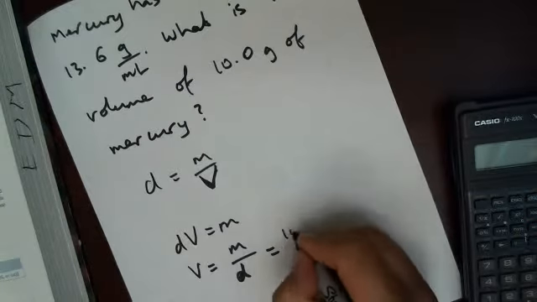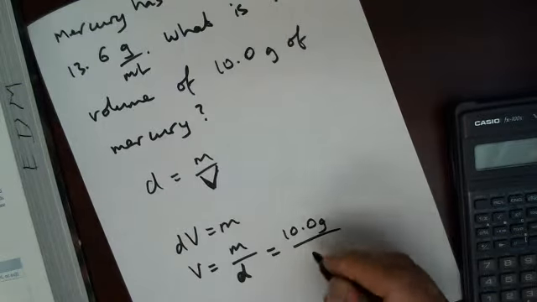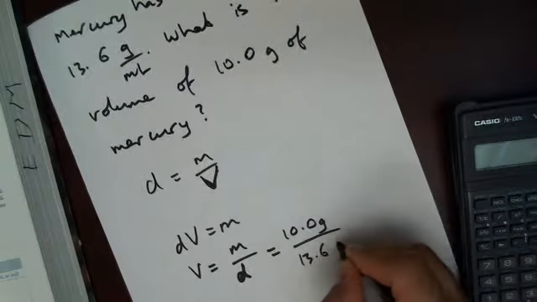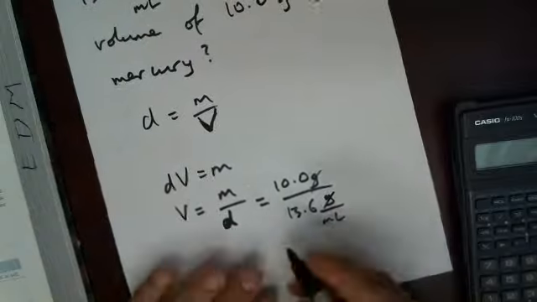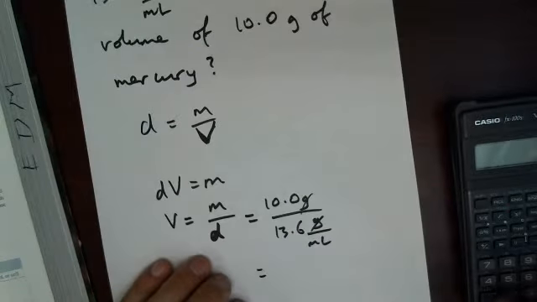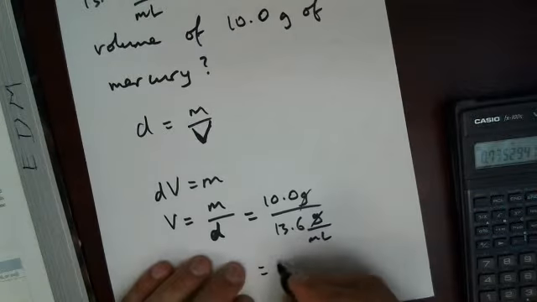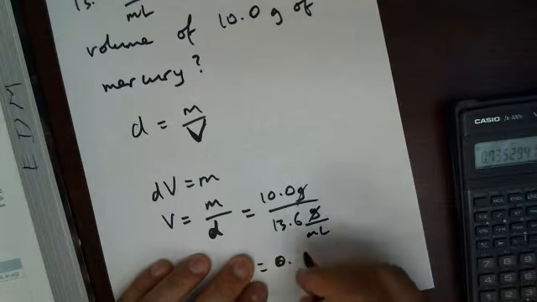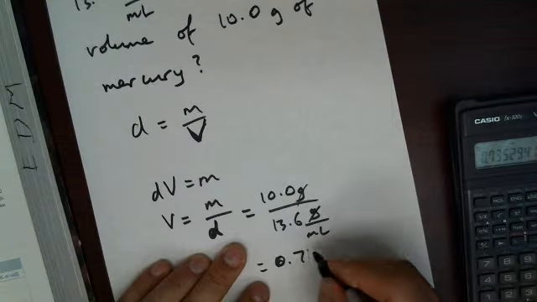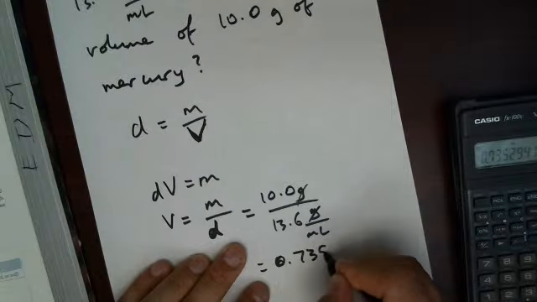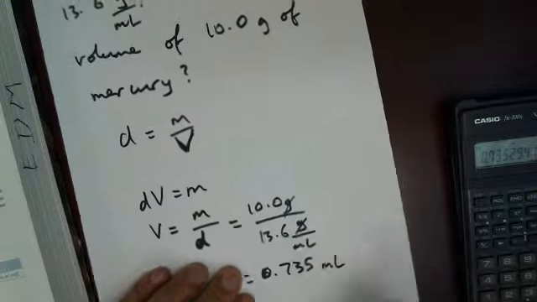In this case it's going to equal the 10 grams over the 13.6 grams per mil. These grams cancel, and then we have 0.735 mils, to 3 sig figs.